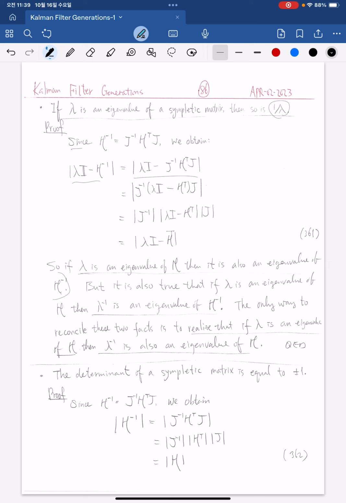But it's also true that if lambda is an eigenvalue of H, the reciprocal of lambda is an eigenvalue of H inverse. The only way to reconcile these two facts is to realize that if lambda is an eigenvalue of H, then one over lambda is also an eigenvalue of H.